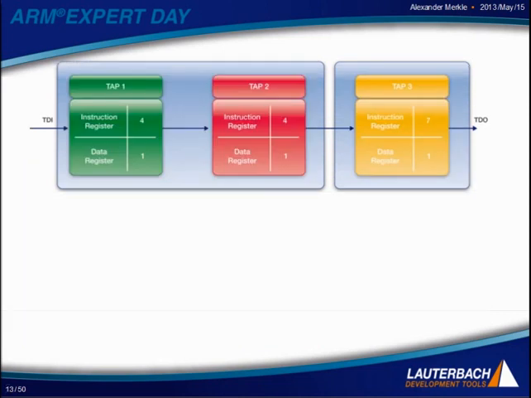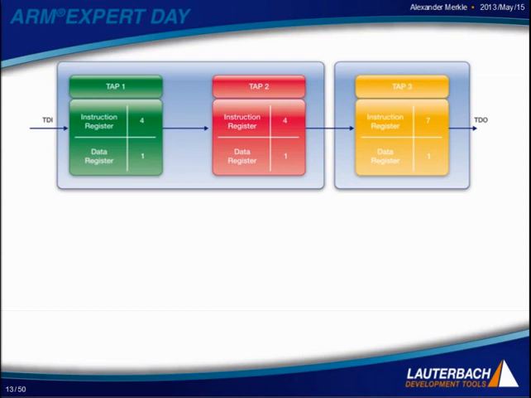Internally, it looks like this. This is again the first chip and the second chip. Keep in mind, these two are the CPUs, and this is the DSP. How it works internally is quite simple. It's a large shift register. The debugger sends data in here.